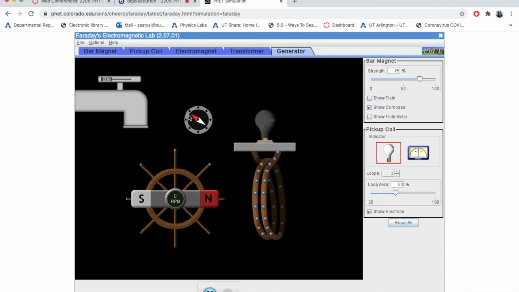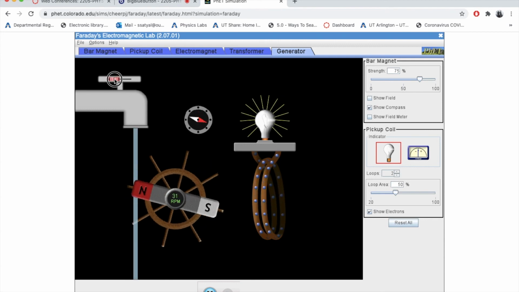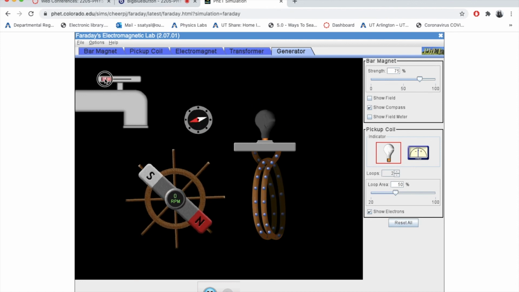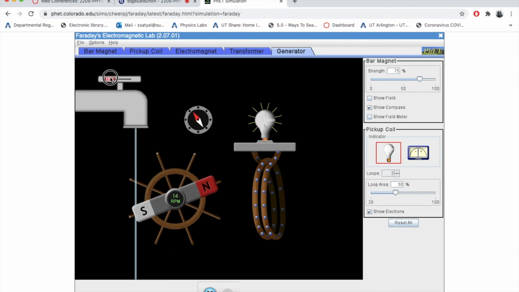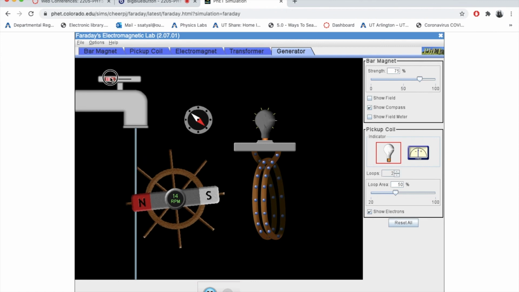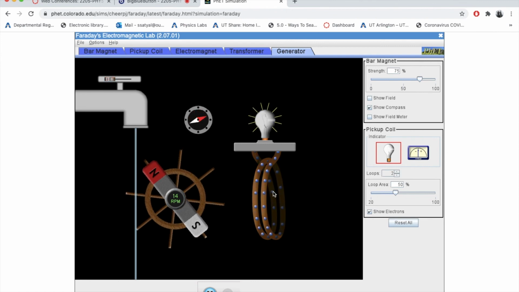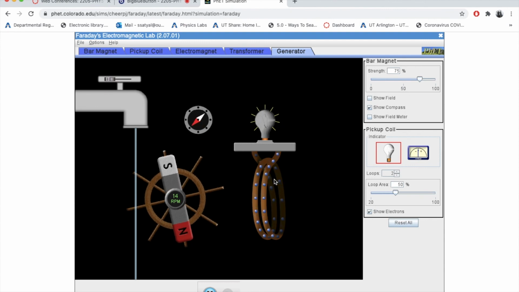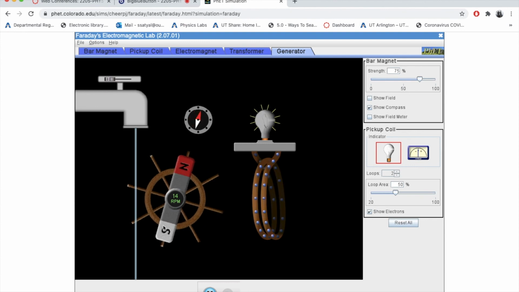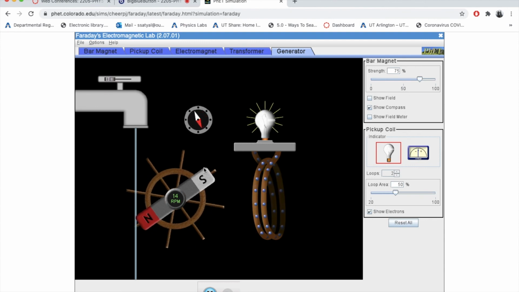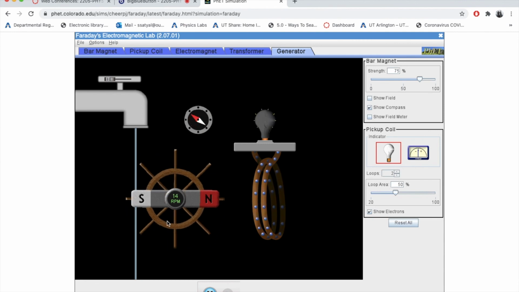So here in a generator, it's a neat example. By turning on the tap water here, we'll change the flux going through the area. This is our coil, and this is our magnet connected to a wheel, like fan blades.